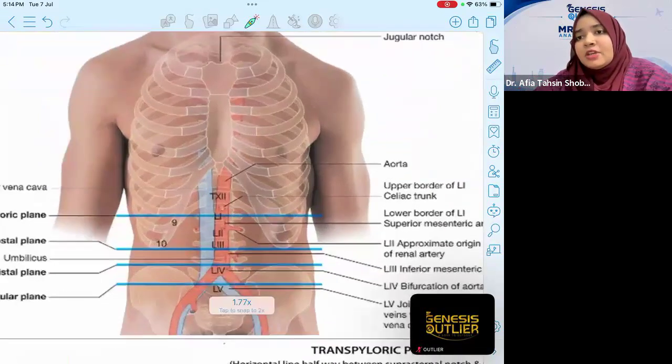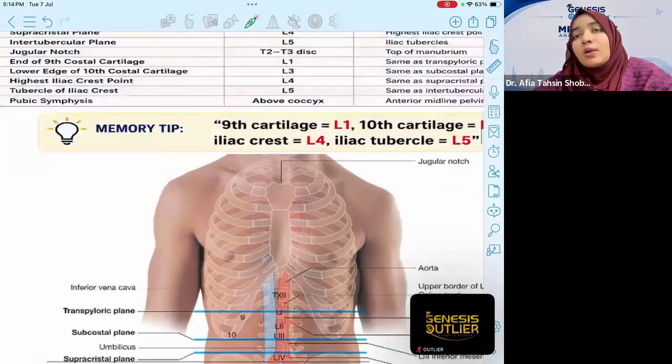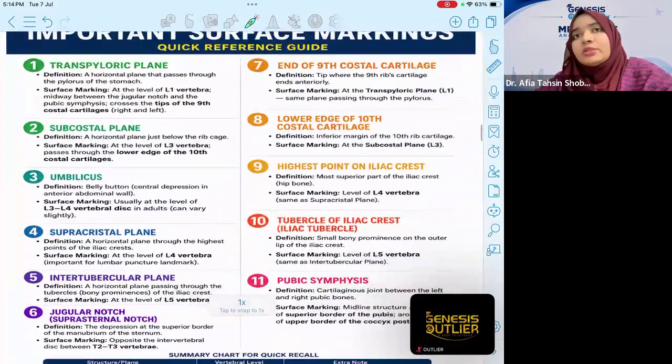See the image first. This is the transpyloric plane, at which level? L1 level. Okay. Now come to the surface marking point. A horizontal line that passes through the pylorus of the stomach. It is a simple definition. And the surface marking point will be at the level of L1. This is midway between the jugular notch and the pubic symphysis.